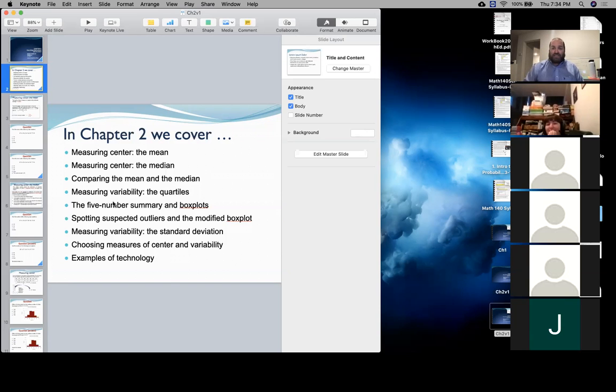We talked about the center last section, but we didn't really specify how to calculate a center. We're going to come up with two different types of centers called the mean and the median, and we're going to compare them. There are times that you'd want to use the mean, and there are times that you would want to use the median.